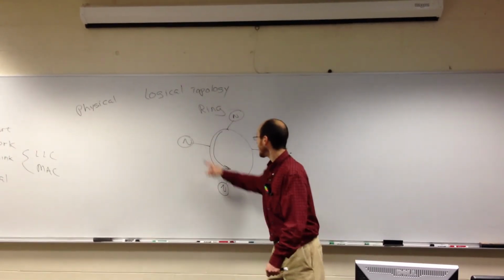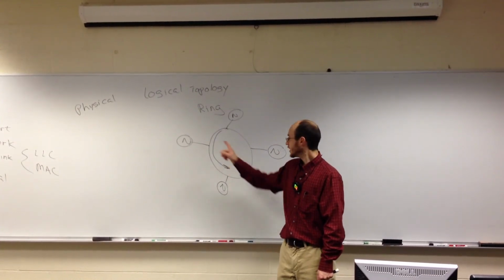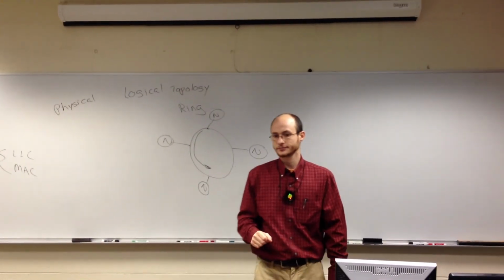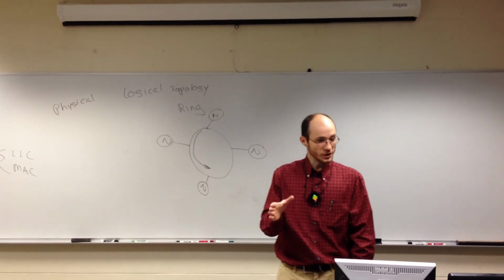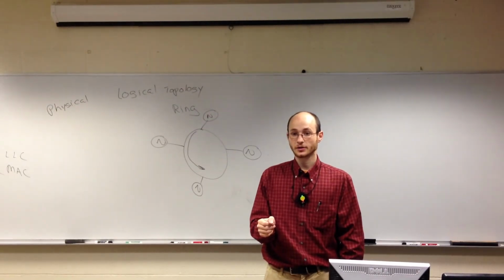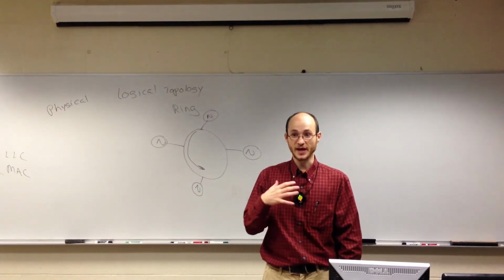If this is all the same copper wire, what's going to happen? It's going to get the signal. And what is it going to do with the signal? It's going to read the message and look for a MAC address, correct? Depending on what standard we're using, if we're using Ethernet, it's going to look for a 48-bit destination MAC address and say, is that me?